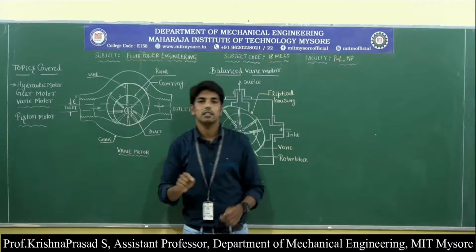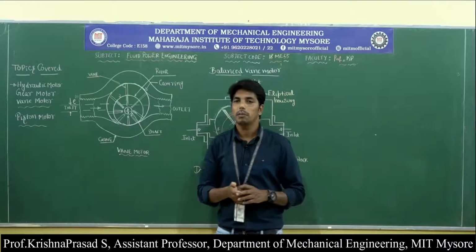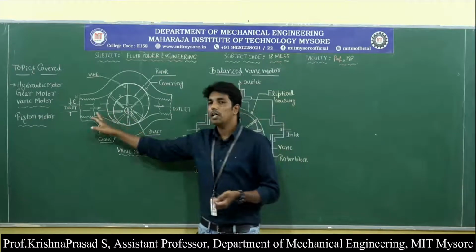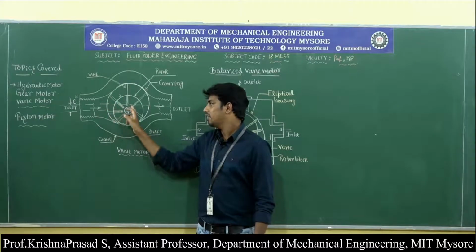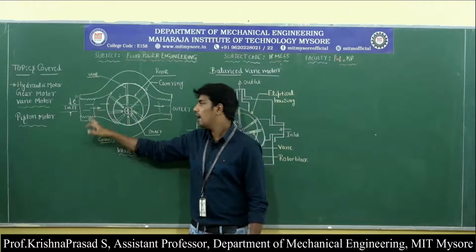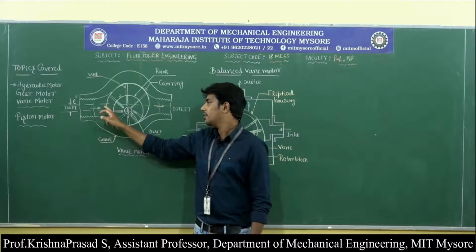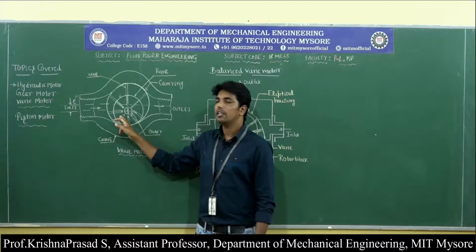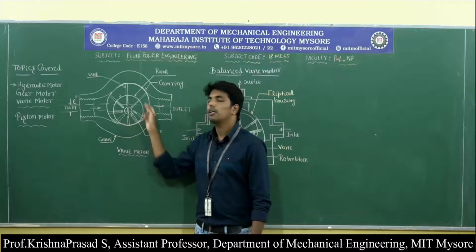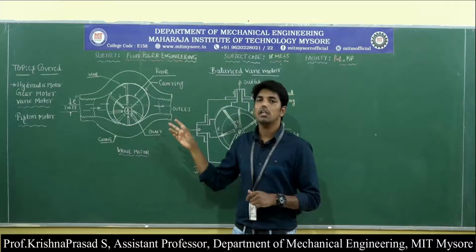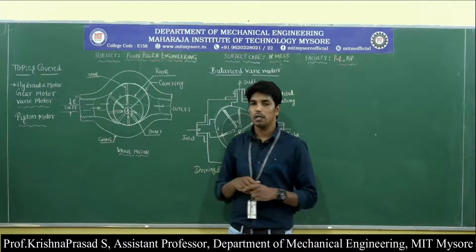I repeat, the vane motor is a positive displacement motor which develops torque at its output shaft by allowing highly pressurized fluid to enter the radial vanes. These radial vanes slide in and out of the rotor slot which is keyed to the driving shaft. So this is the definition of the vane motor.